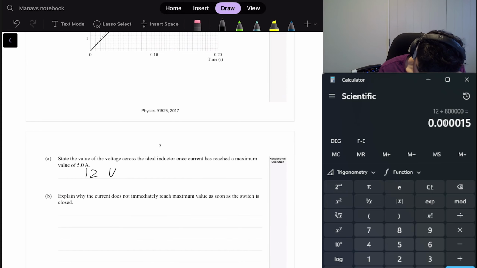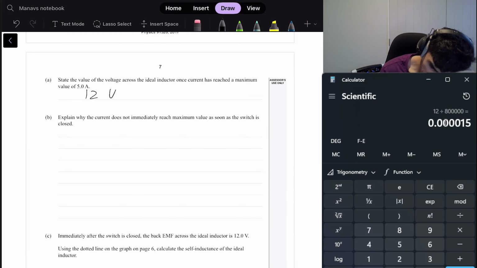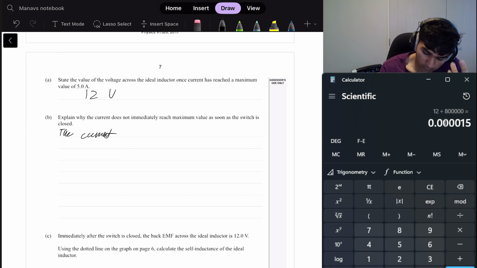Current does not immediately reach max value as soon as the switch is closed. How would I explain that? The current. Oh yeah, okay, there's a back EMF.